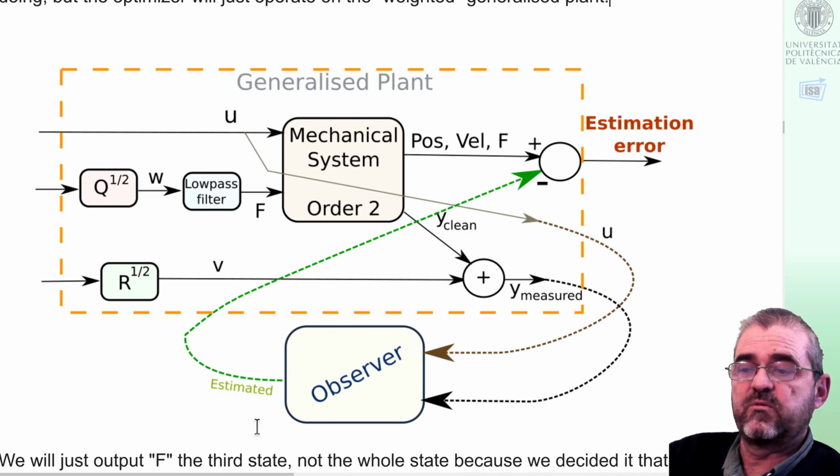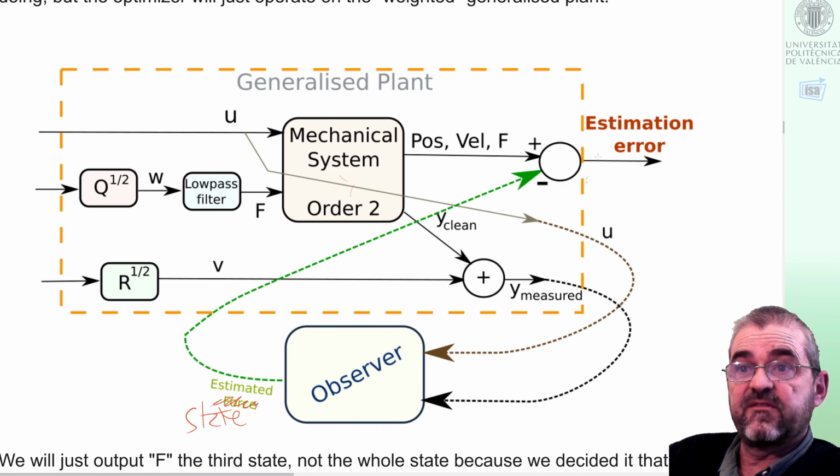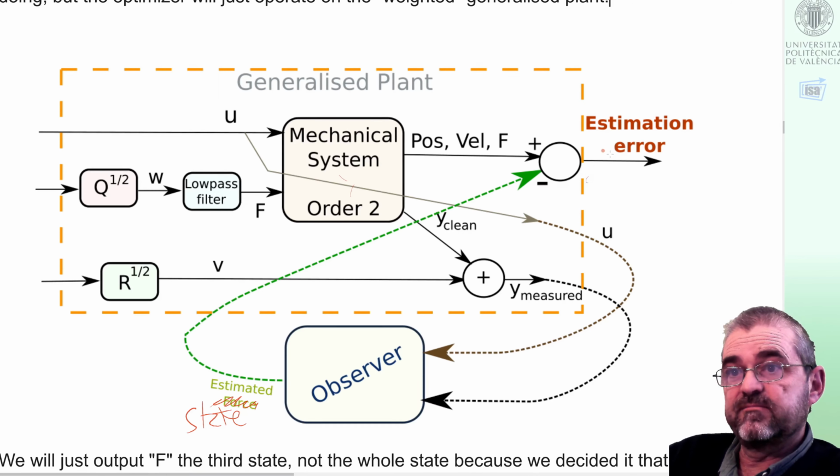Then my task will be outputting some estimated state to be compared with the 3 state variables of my system here, which are the position, velocity and this force, because it is the state variable of this low pass filter. So reducing this estimation error defines an observation problem.